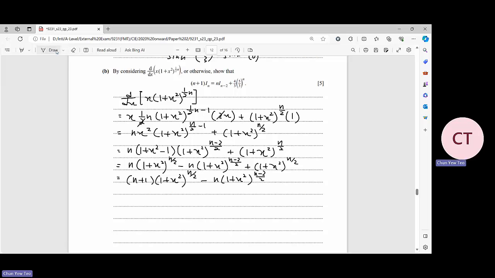Let me just write down. The left hand side, after you integrate, you get back the same thing, from 0 to 4 over 3. Then your right hand side will look like this.